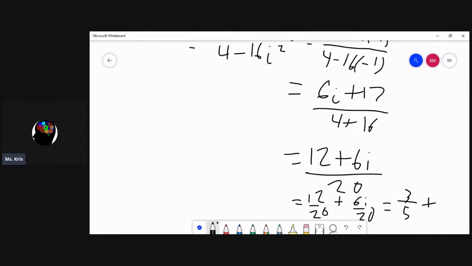Plus 6i over 20 becomes 3 over 10i, because 6 will go into 6 once and 20 into 10 twice. So your final answer is 3/5 plus 3 over 10i. This is known as the standard form of your complex number.